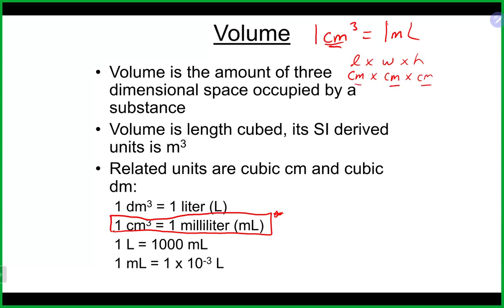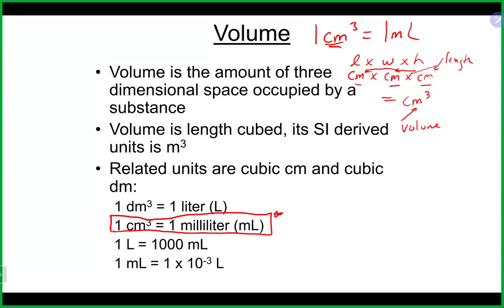But if you multiply them together, you will end up with cubic centimeters, which represents a volume. So if you have any type of length measurement that's been cubed, it is actually referring to a volume and is not referring to length or distance or anything like that.